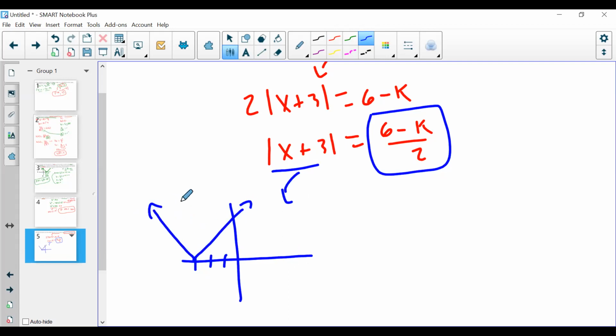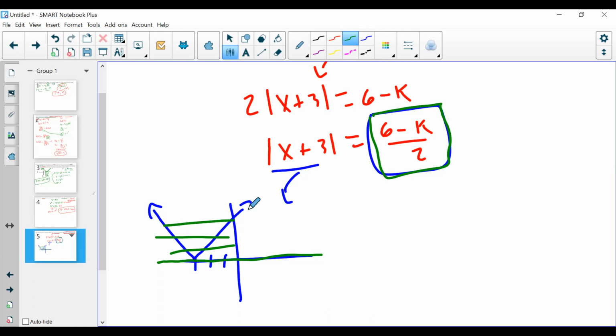For it to have at least one solution, the 6 minus k divided by 2 has to be greater than or equal to 0. Because if it's greater than or equal to 0, this term, because it is a real number, will be aligned either right here or anything above it, and that always gives me at least one solution. So when 6 minus k divided by 2 is equal to 0, you have one solution, that's the vertex. But when it's greater than 0, you have more than one solution. Does that part make sense so far?